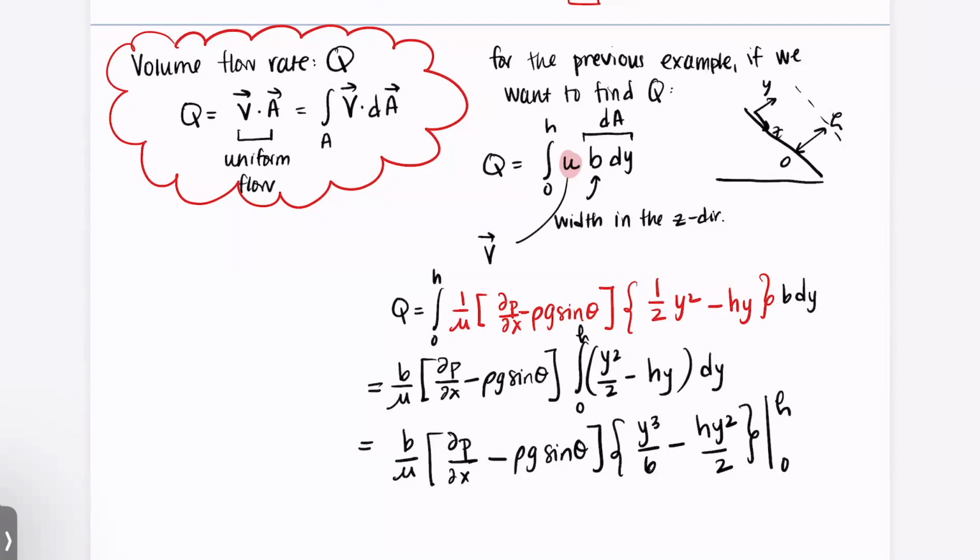Yep. That one, right? Yeah. Okay. Yes. Okay. Just so I don't have to write things a bunch of times, when I put in the h, I have h cubed over 6 minus h cubed over 2, which is minus h cubed over 3.